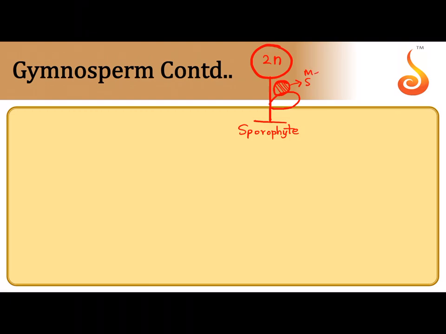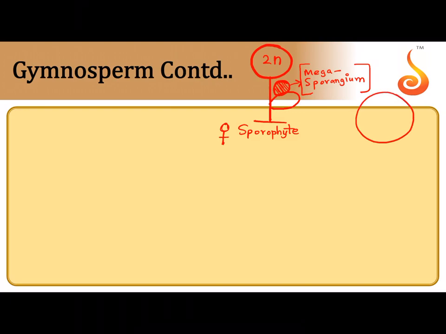We called it megasporangium. In the previous slide you know that the megasporangium will contain a female gametophyte inside. We call this a female plant or a female tree. And gymnosperms are usually trees, so the female trees will have a female megasporangium.